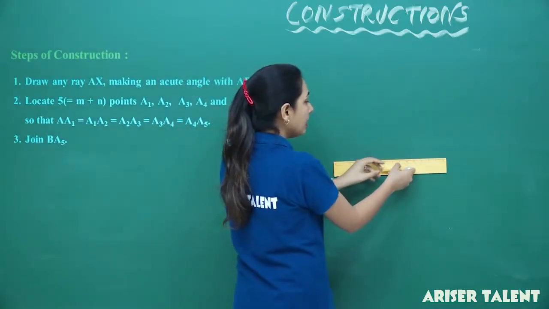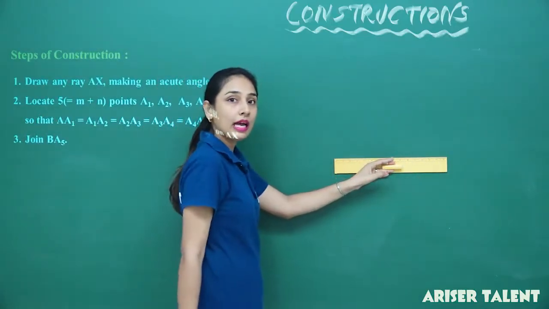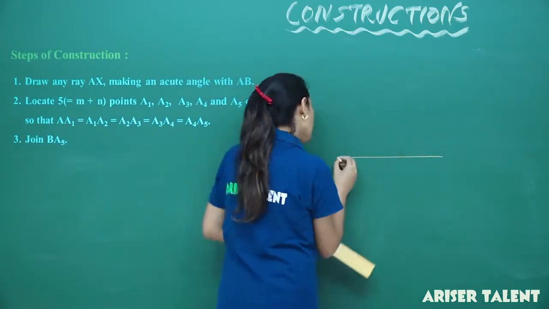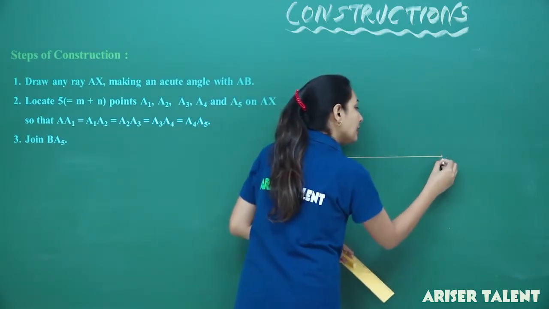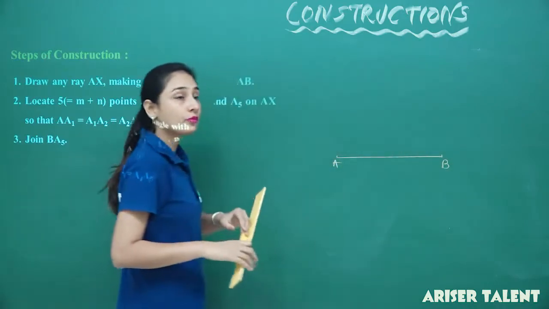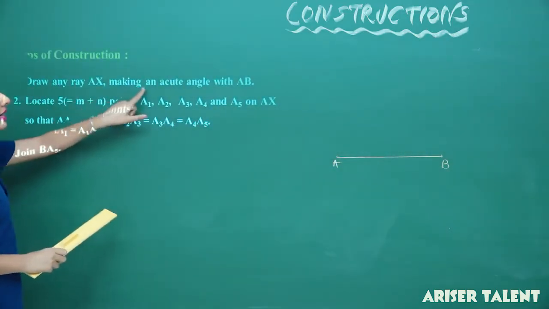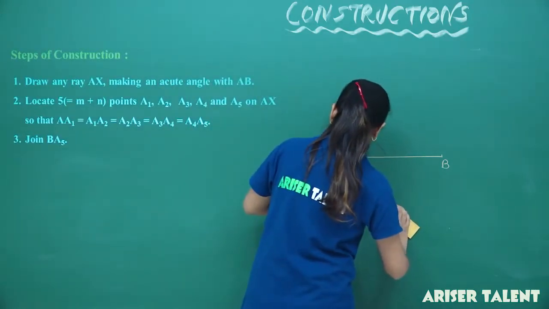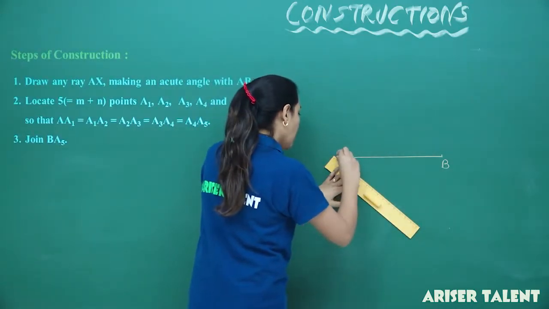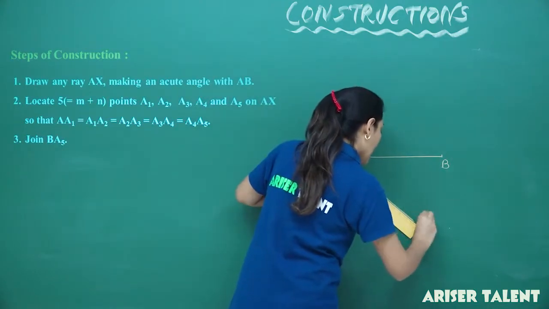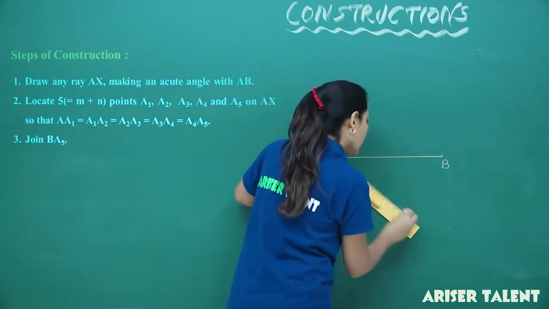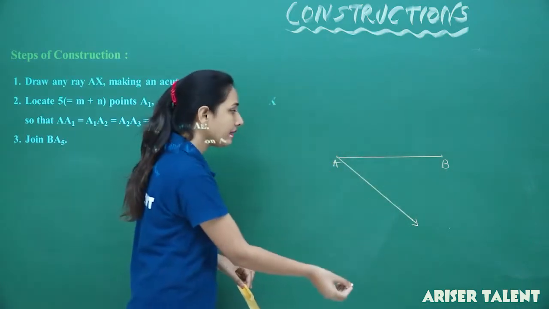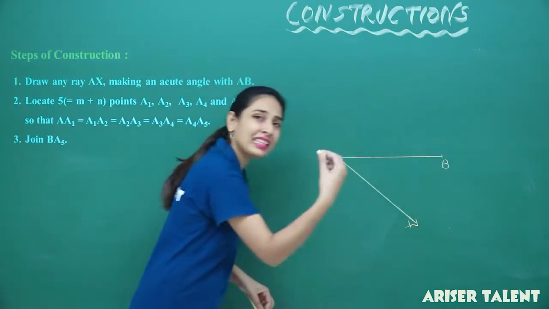Right here, put your scale on the paper and mark this line; this is your A and your B. Now it's saying draw any ray AX. We have done that. Have patience, you'll get to know. I'm having any angle. It's not like ABX has to equal this. No, we are having any angle.